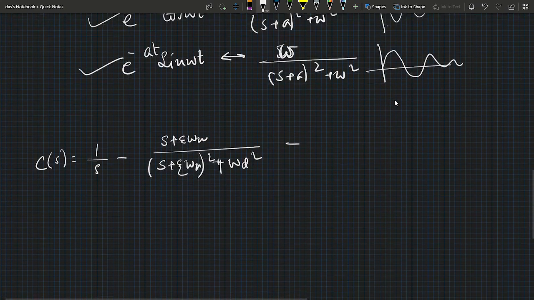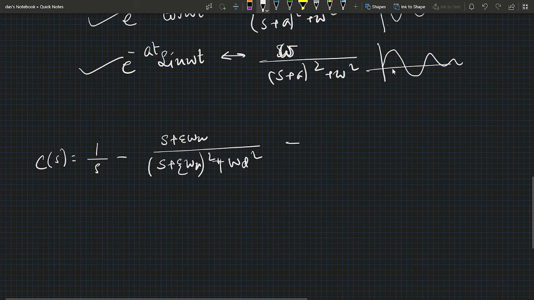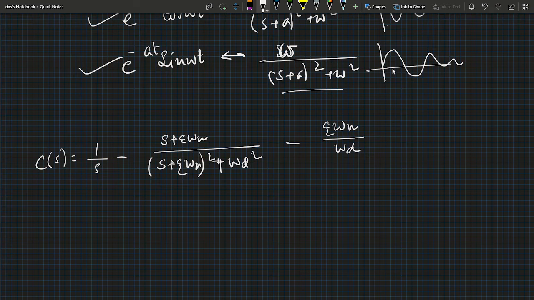So we rearrange this equation in this form: zeta omega n, with one omega d here and another omega d here, and the denominator is s plus zeta omega n whole squared plus omega d squared.